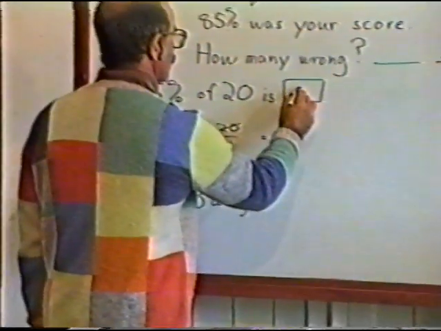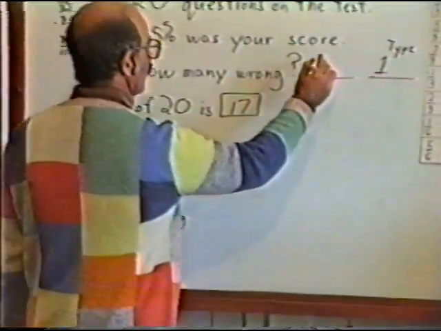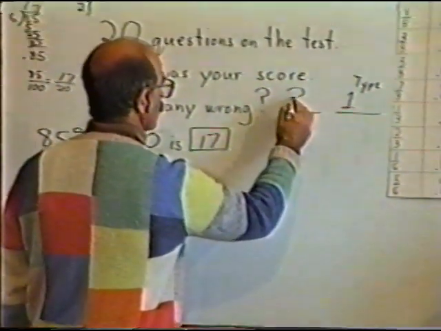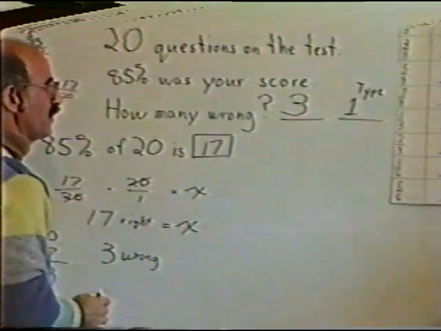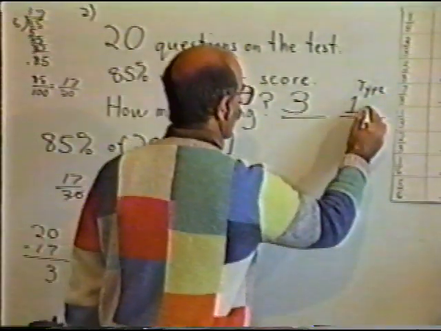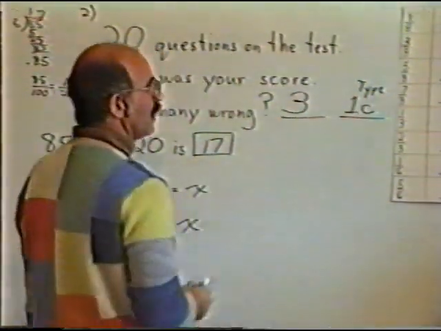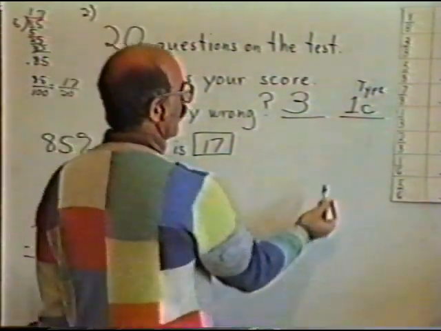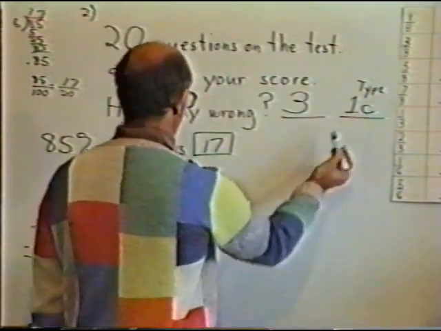Here the answer was 17, but the real answer to the question was 3. 3 wrong because we had a curveball, and we'll call that type 1 curveball.